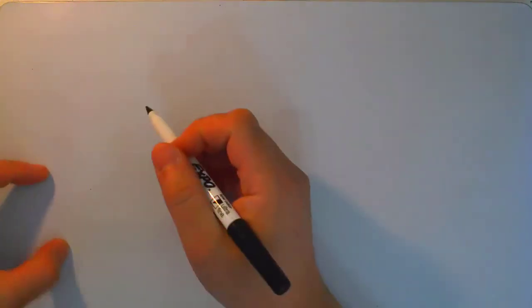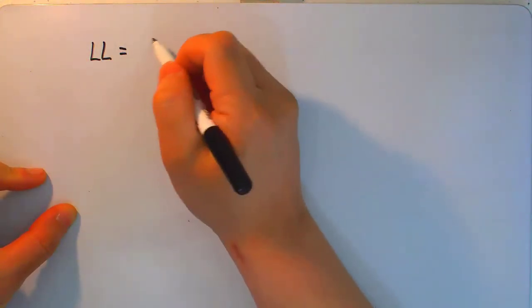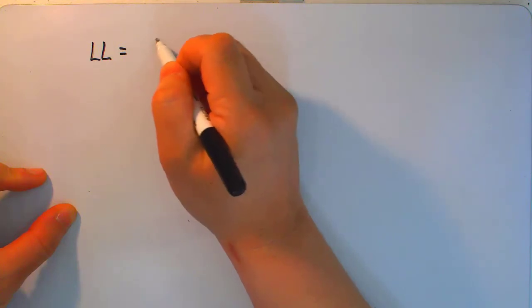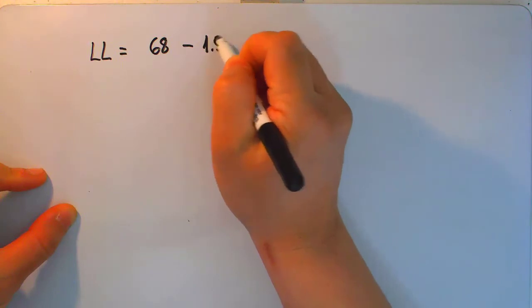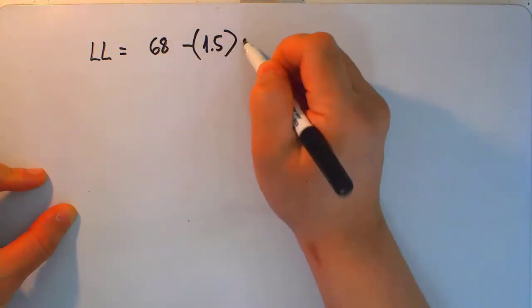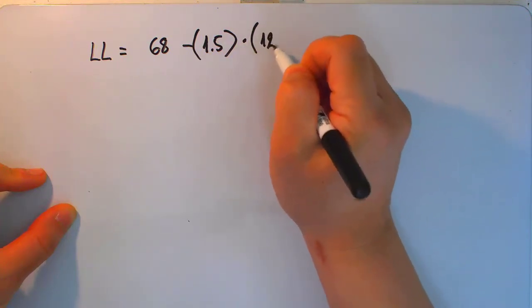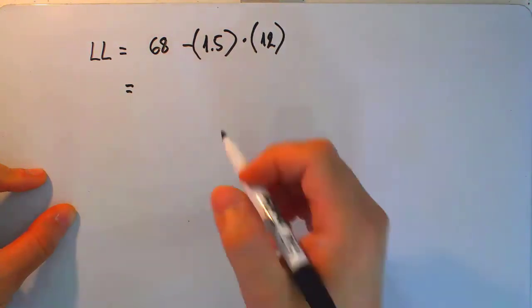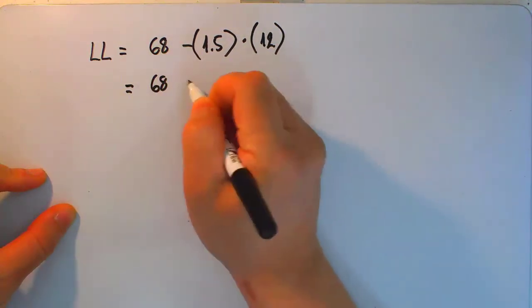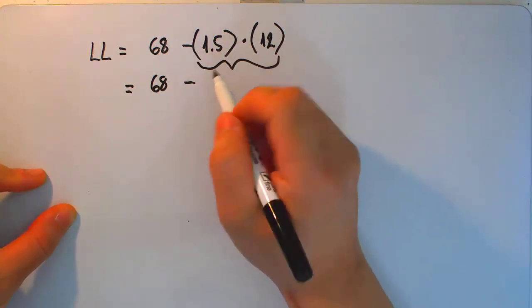Now back to our data 1. The lower limit based on the formula can be found from our Q1, which was 68. We subtract 1.5 times the IQR we found previously, which is 12. The calculation shows this multiplication gives 18.